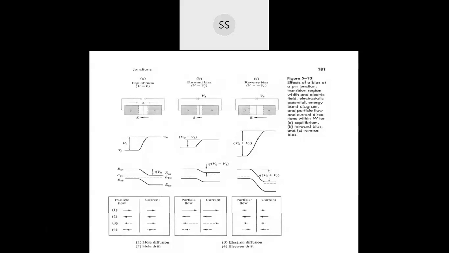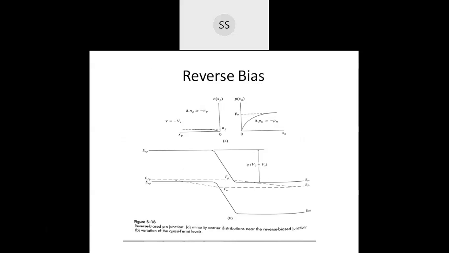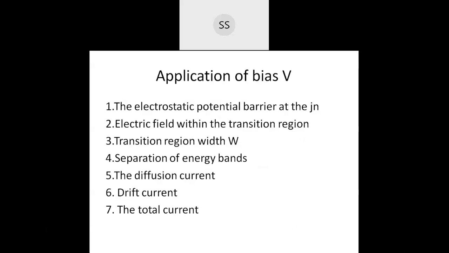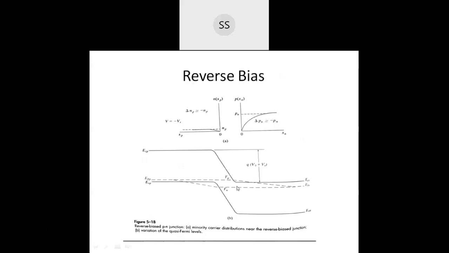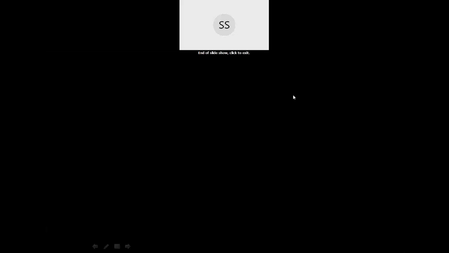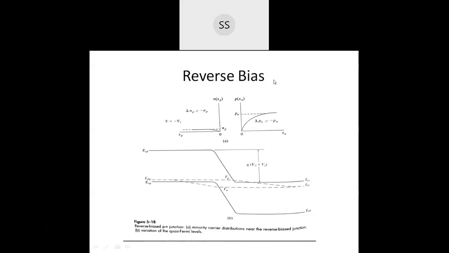But due to reverse bias, the levels are repositioned like this, and the barrier region is much deeper compared to equilibrium or forward bias. So these are the important factors regarding reverse bias and minority carrier extraction.